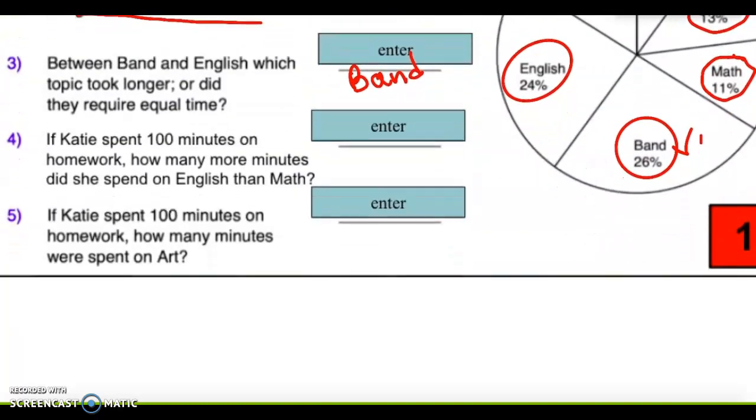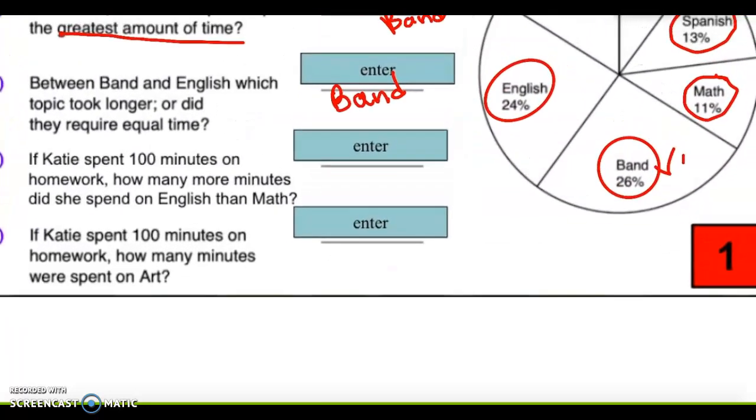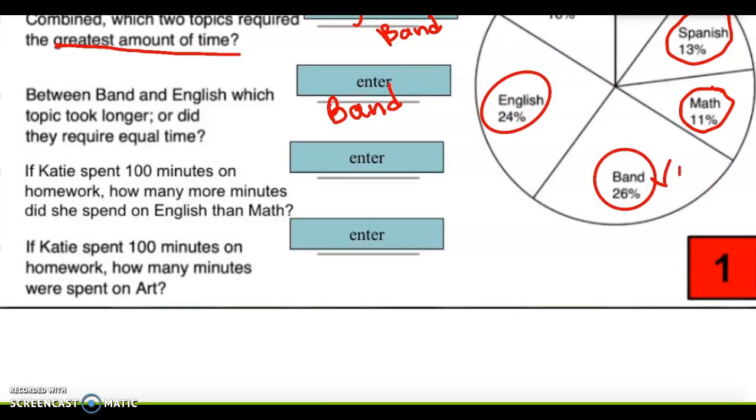Let me move up a little so I can have some room right there. Number 4: if Katie spent 100 minutes, I'm going to circle 100 minutes because I want to make note of that, on homework, how many more minutes did she spend on English than math? So I'm going to erase this one and that one because now I'm working on English and math. I'm going to write it down here on the bottom.